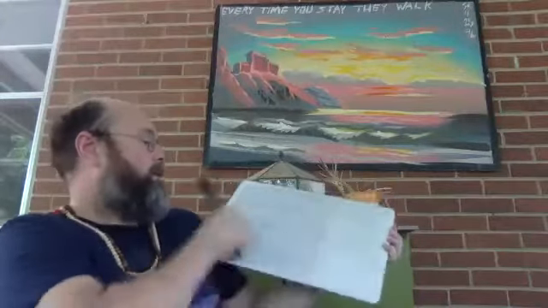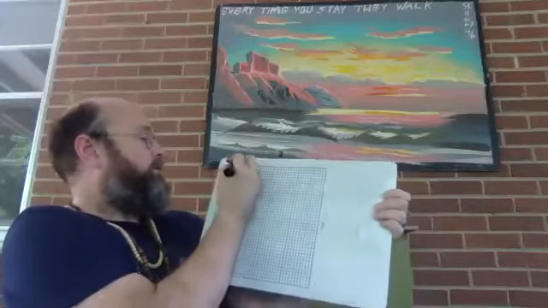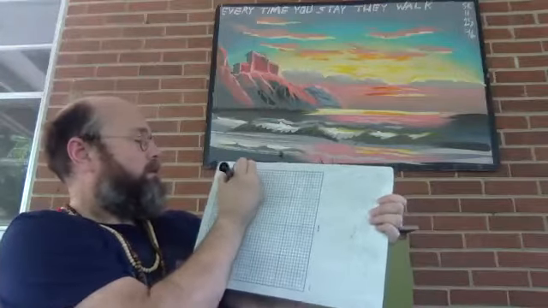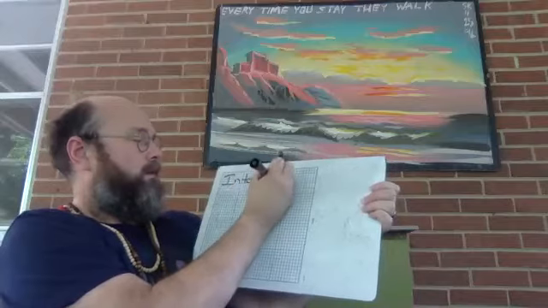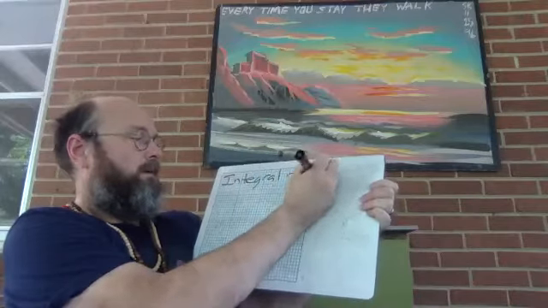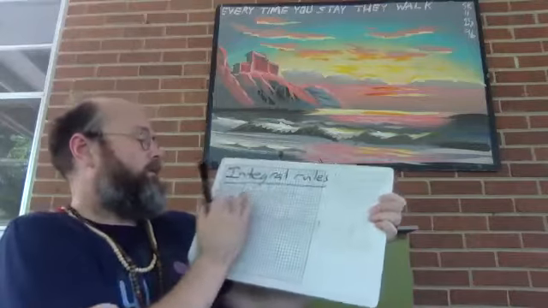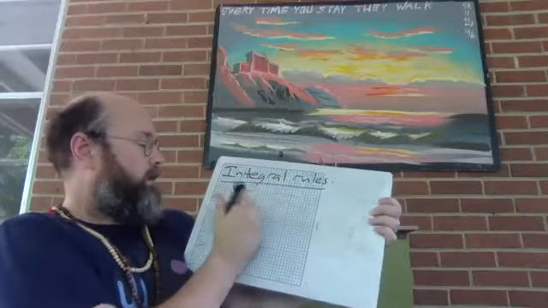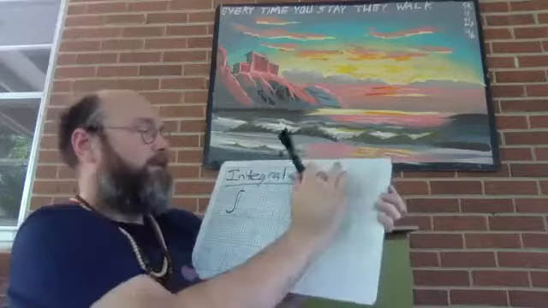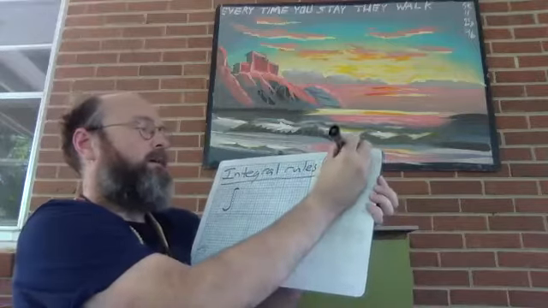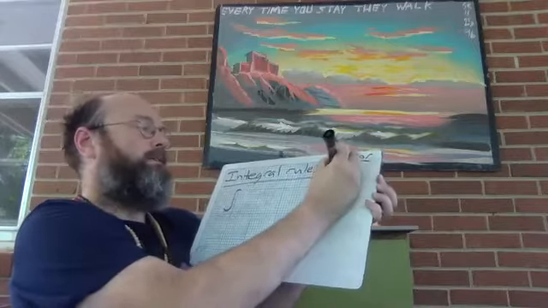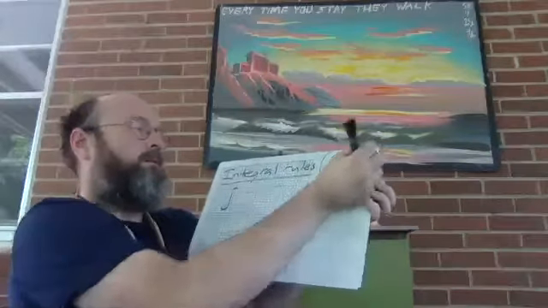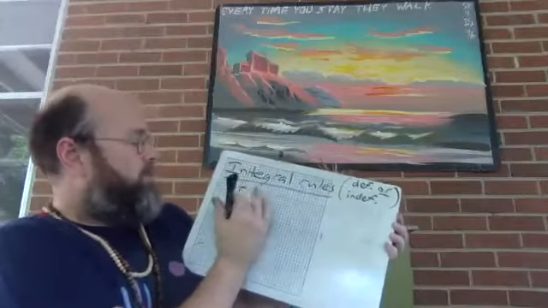Now, these are some integral rules. This is one of a few very simple rules about integrals that are very natural. For instance, integrals, whether they're definite or indefinite, they all follow rules like this.